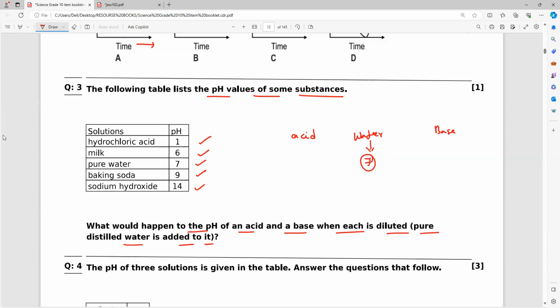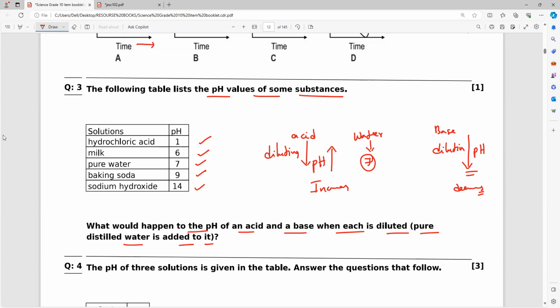The pH value of an acid, if it is diluted. By diluting, will the pH of an acid increase or decrease? Increases. Understanding? By diluting, will the pH value of bases decrease or increase? Decrease. So the pH of an acid increases, the pH of a base decreases.